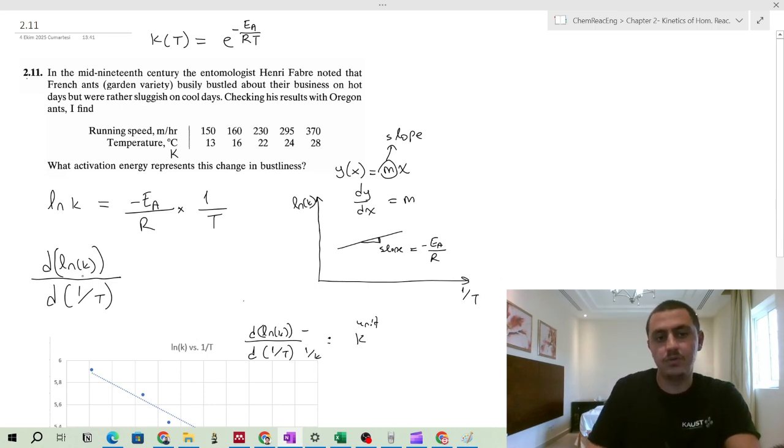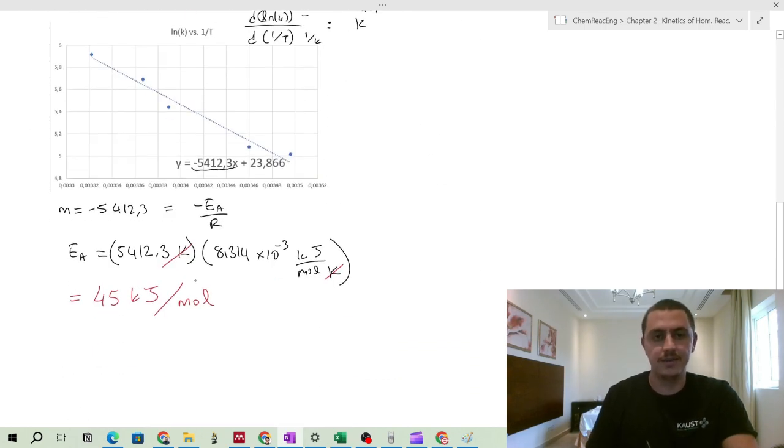We worked through all these steps and proved that the slope of this plot will give us minus EA over R. Then from there we got the value of the activation energy. Thank you for watching.